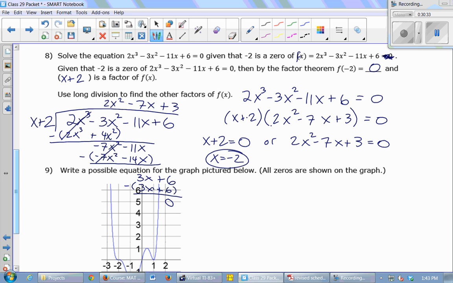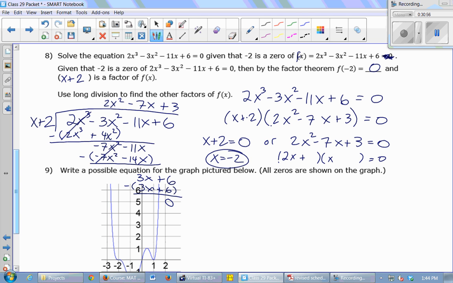How would I solve this one? Factor it or use the quadratic formula. Can I factor that? Two x and x.